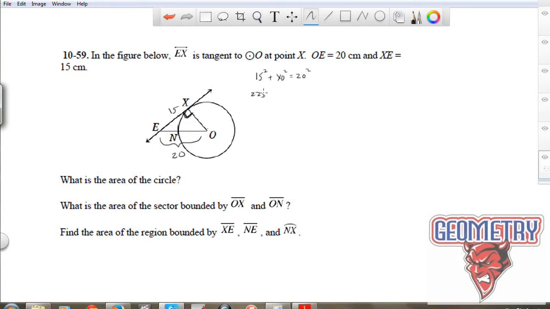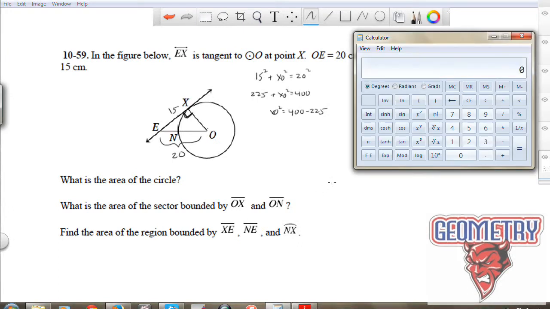So 225 plus XO squared equals 400. So XO squared equals 400 minus 225. Let me pull up the calculator and double check. 15 squared is 225. Okay, so we have 400 minus 225, which is 175.